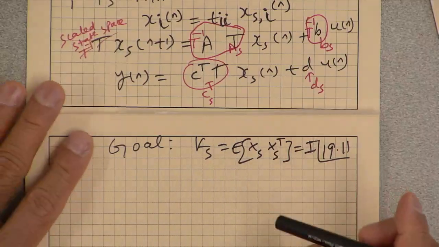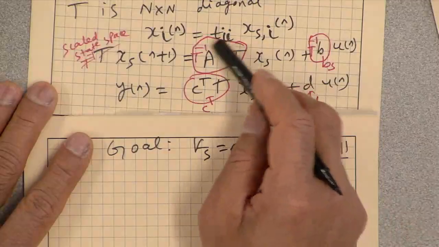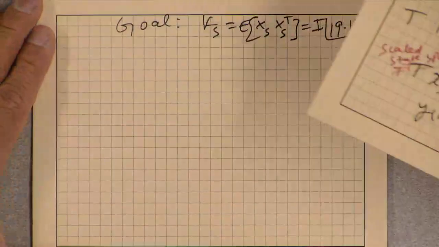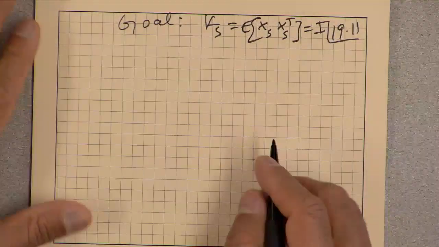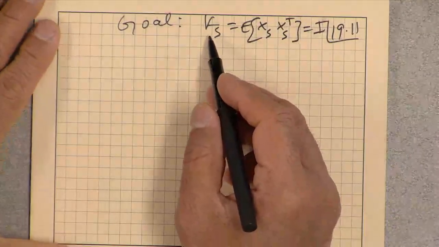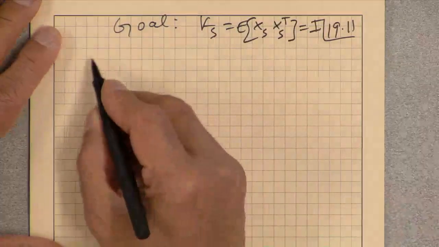So the question we are asking is what should this matrix T be such that for the scaled state, the K matrix will be an identity matrix.